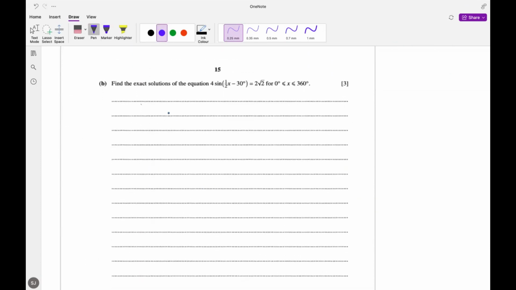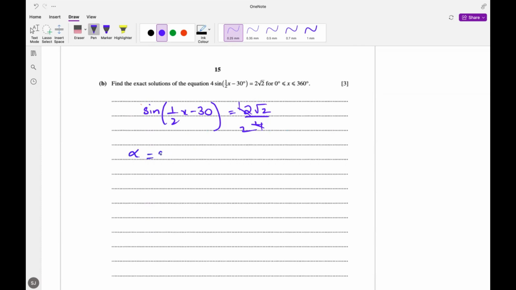In part B, we have to find the exact solution of the equation 4 sine (half x minus 30) equals 2 root 2. So in the first step, we will divide by 4 on the other side. This will become half x minus 30 is equal to 2 root 2 divided by 4. So 2 and 4 will cancel out. We'll get square root 2 upon 2. Now taking sine inverse of root 2 upon 2, we'll get the basic angle.